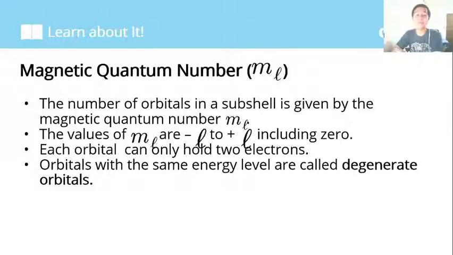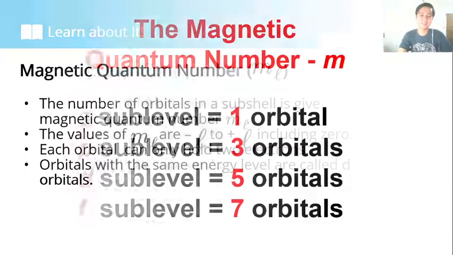Now, how many electrons can each orbital hold? The answer to that is 2 electrons. So don't forget, each orbital can hold up to 2 electrons only. And orbitals with the same energy level are called degenerate orbitals.